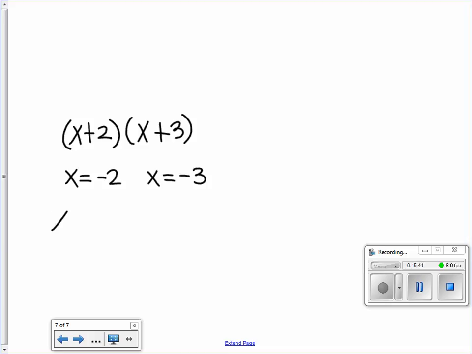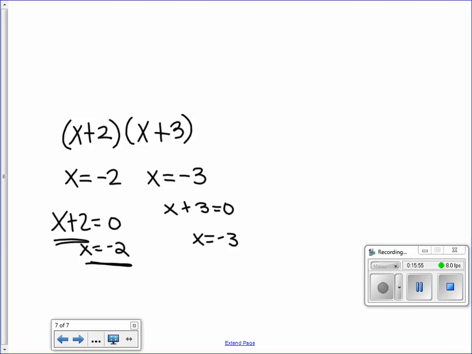Because you do x plus 2 equals 0, so x equals negative 2, and x plus 3 equals 0, so x equals negative 3. So, see the difference between a factor and what x actually equals? This is why you change the sign when it's just synthetic division. When it says divide this by x plus 2, well, I actually have to put in negative 2, because this is the factor, but this is the number that I'm actually working with. You see the difference between those?